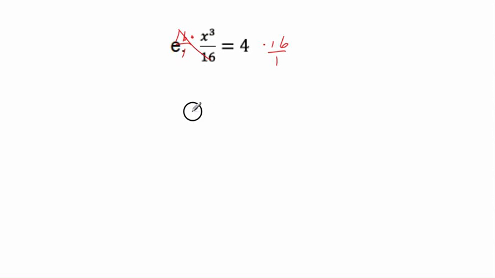So I'm left with x cubed equals 4 times 16 is 64. So I have a cube, so we know that the opposite is a cubed root. Cubed root and the cube cancel. So I'm left with x equals, and then what times what times what is 64, and that would be 4.